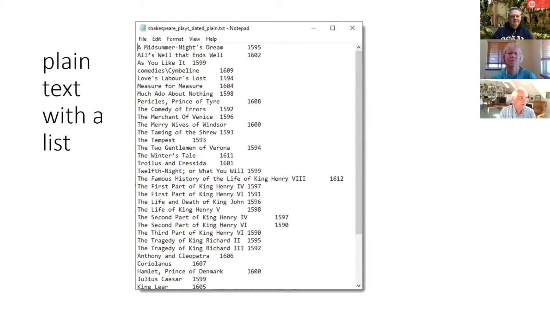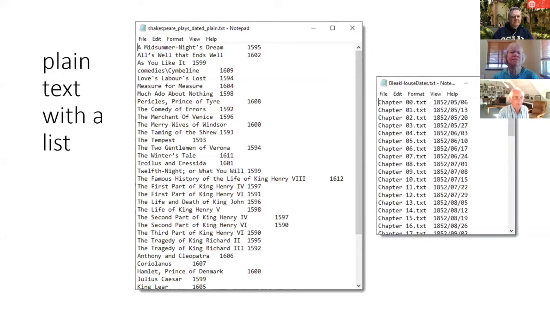And then once you've got a list saved, and I've called that one Shakespeare plays dated plain.txt, it can be input easily enough into a computer program, in this case WordSmith. And then every time you want to refer to the Shakespeare plays, the system will know that the Comedy of Errors was written in 1592, and so on.